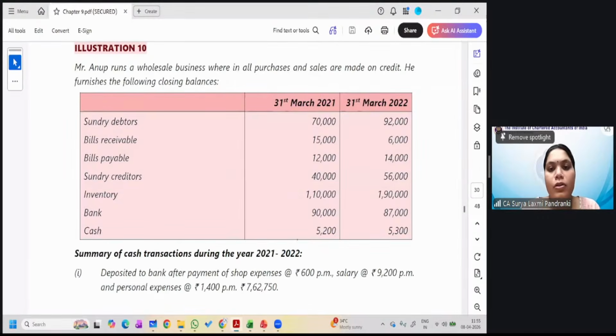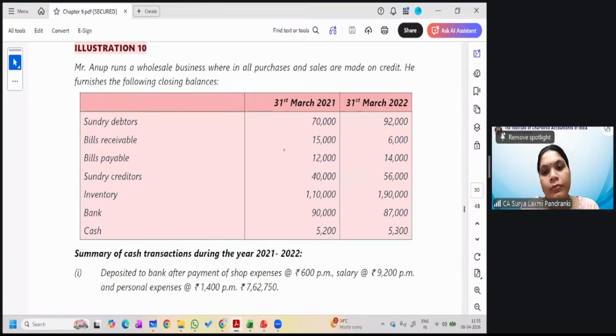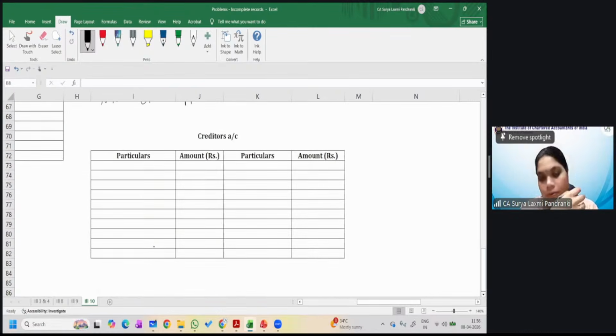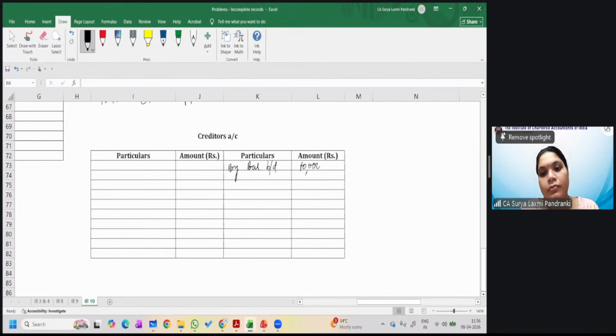Then we have bills payable: by balance brought down 12,000 and to balance carried down 14,000. Then we have creditors account: by balance brought down 40,000, and to balance carried down 56,000.